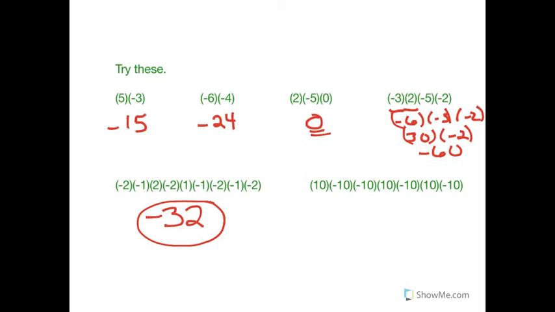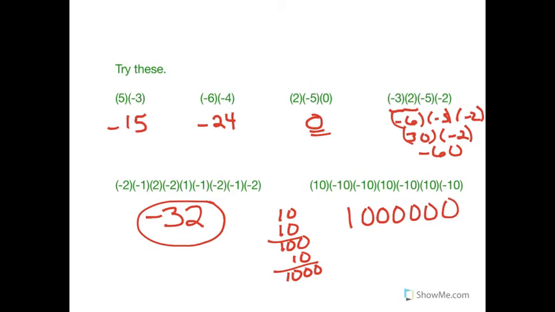Now here, 10 times 10 is 100. And 100 times 10 is 1,000. So we're going to have 1 with a whole bunch of zeros. We're going to have 7 zeros.